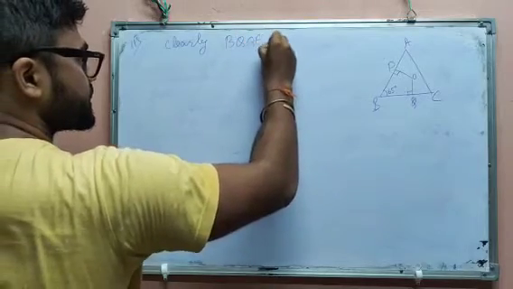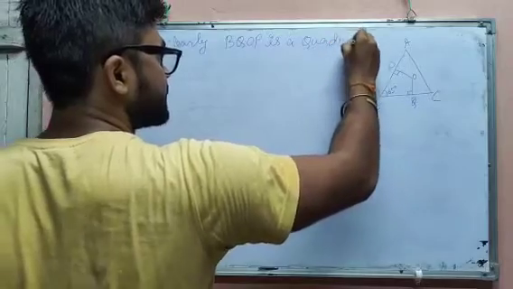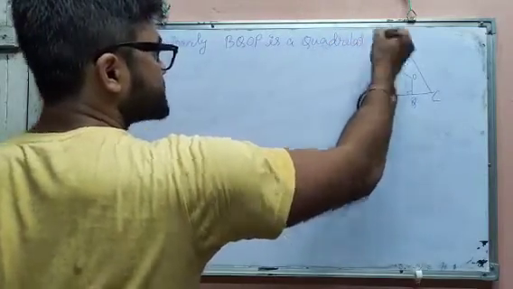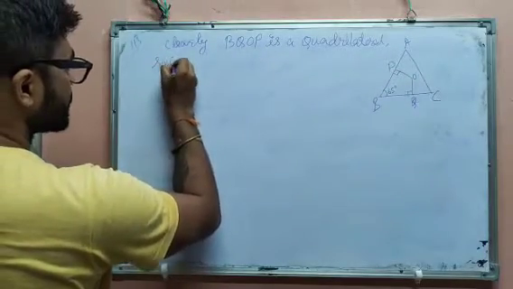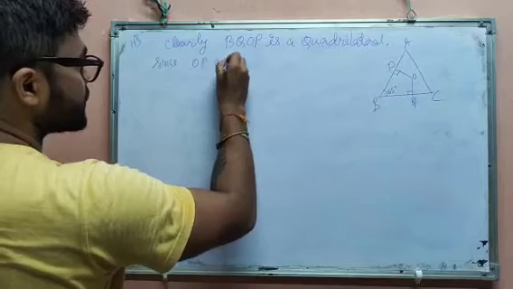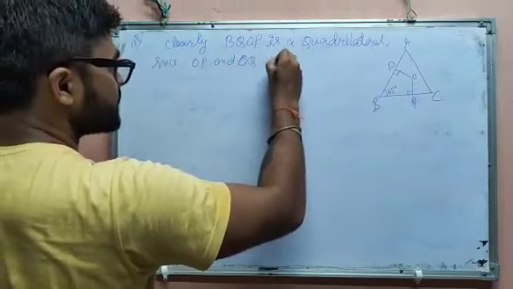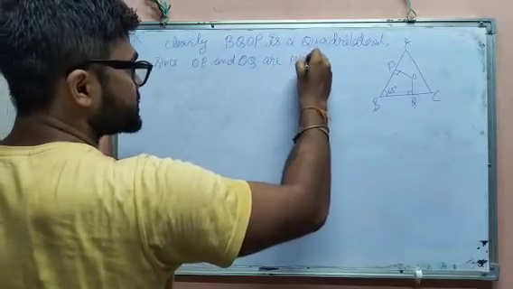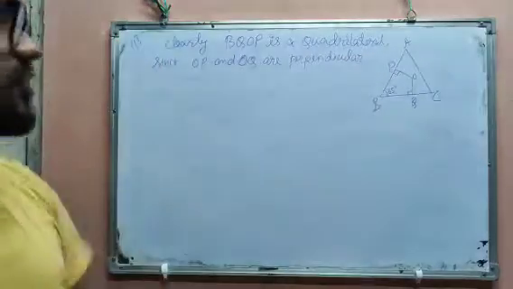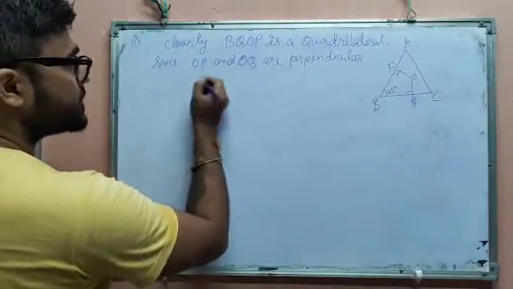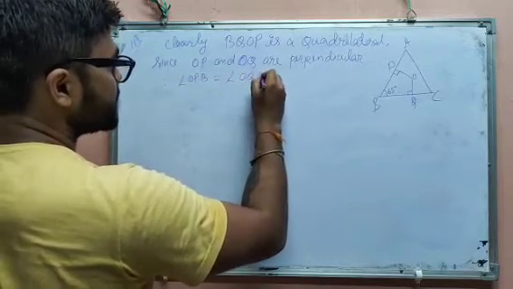Since OP and OQ are perpendicular, therefore angle OPB equal to angle OQB equal to 90 degrees.